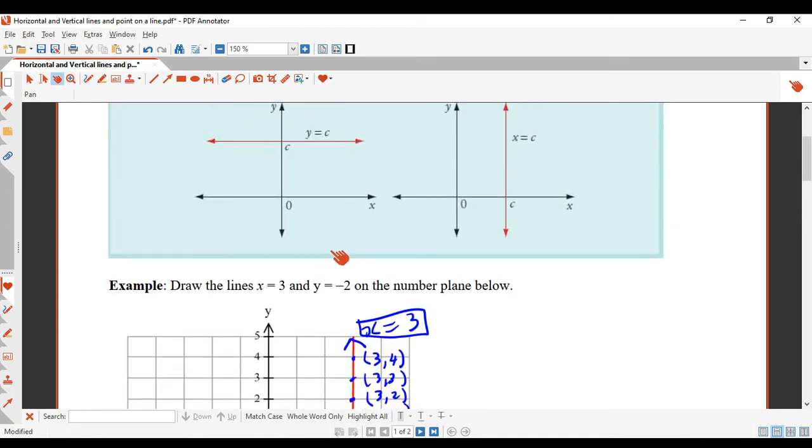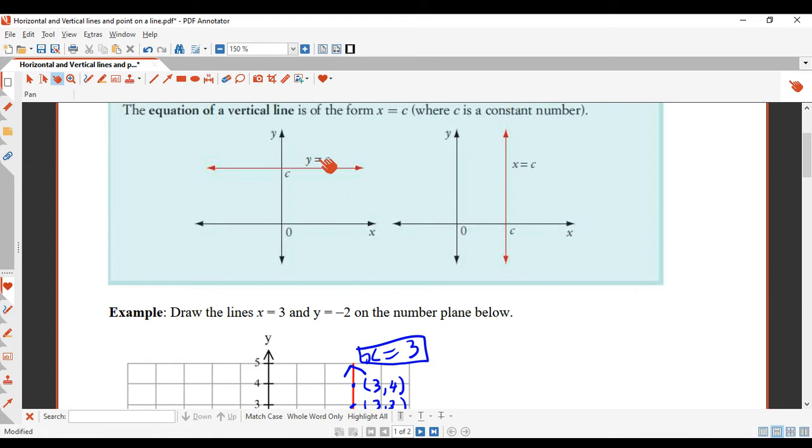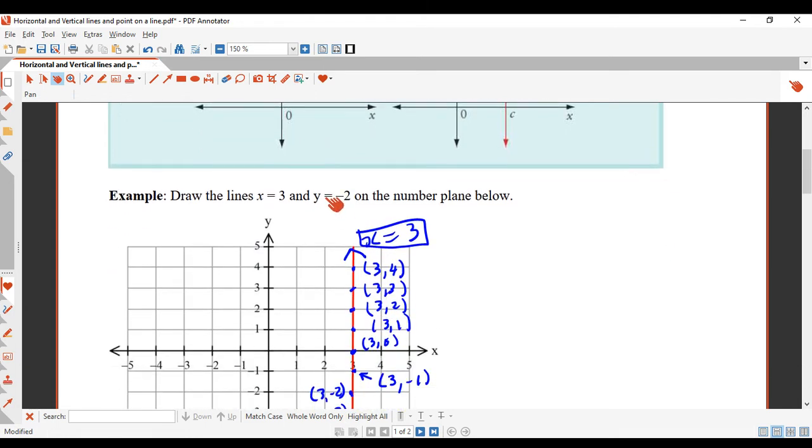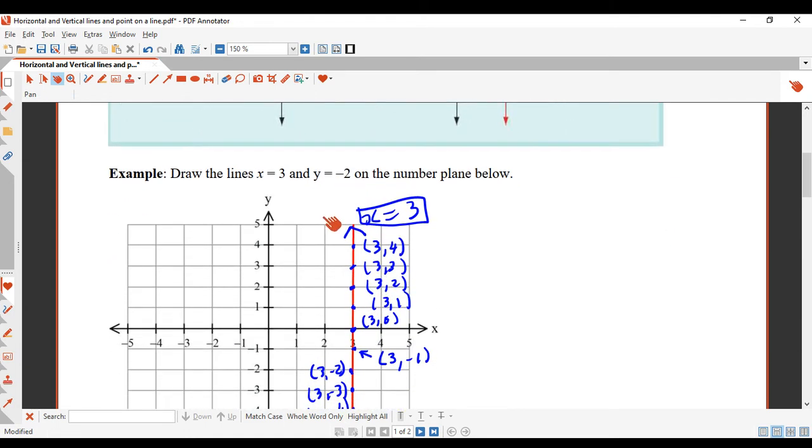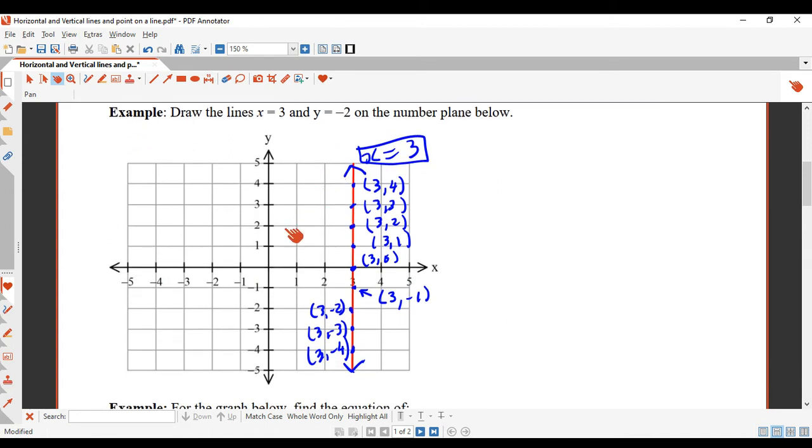So if we go back to here, that equation fits y equals c, doesn't it? And y equals c is a horizontal line passing through c on the y-axis. So we just have to draw a horizontal line passing through negative 2 on the y-axis. Okay, so let me just rub some of these out. Here we go. I'll just rub this out as well.